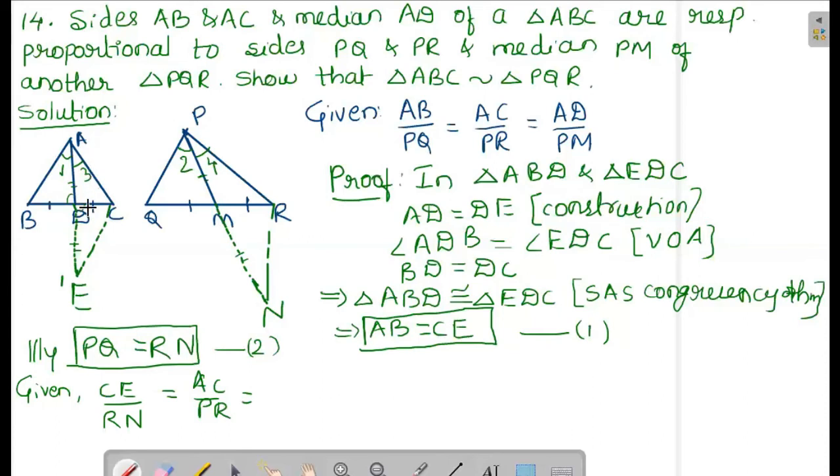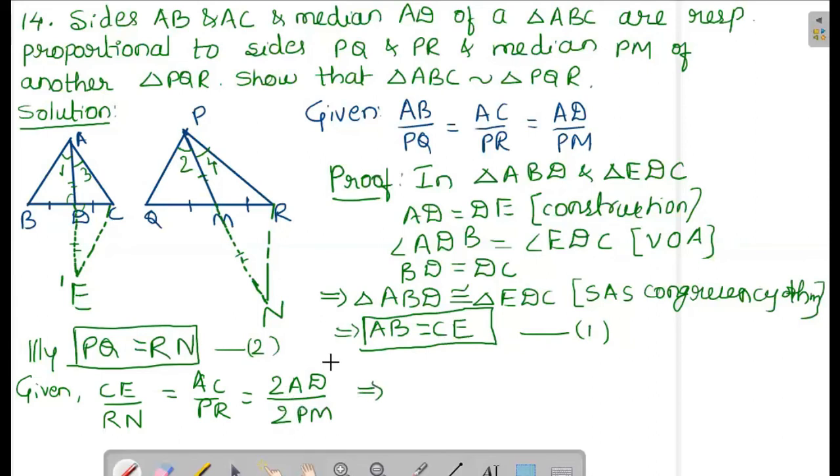AD is nothing but DE, right? AD is there. So I can write 2AD by 2PM. We can write like this or not. I am just multiplying and dividing by 2.